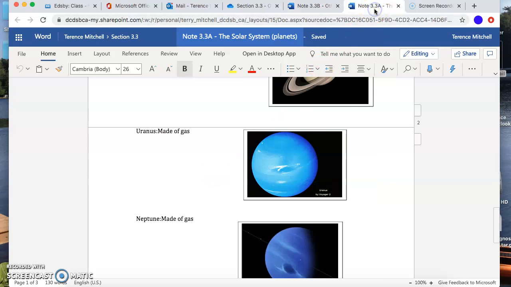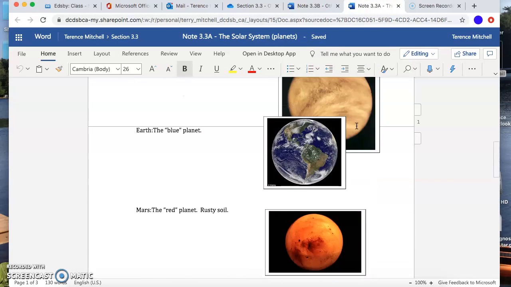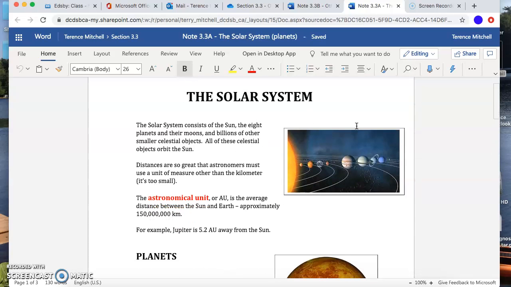One thing I do want to point out is, going back to this previous note, one of the neat things about our solar system is, look at this, all the planets are lined up on the same plane. Our solar system never looks like this where they're all lined up here. So Mercury may be here, the Earth may be on the other side of the moon. Here's Jupiter, but Saturn may be way back here, and Neptune may be over here.